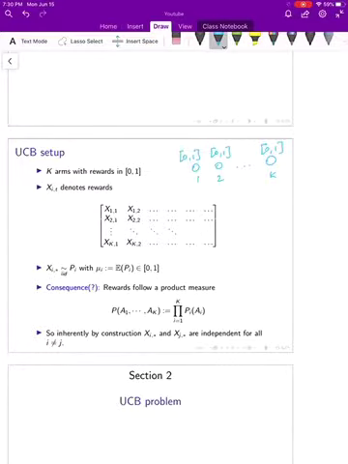And each arm has a distribution associated with it. So the rewards for arm 1 follow a distribution P1, and arm 2 follows distribution P2, and so on. And these are independent as shown here.